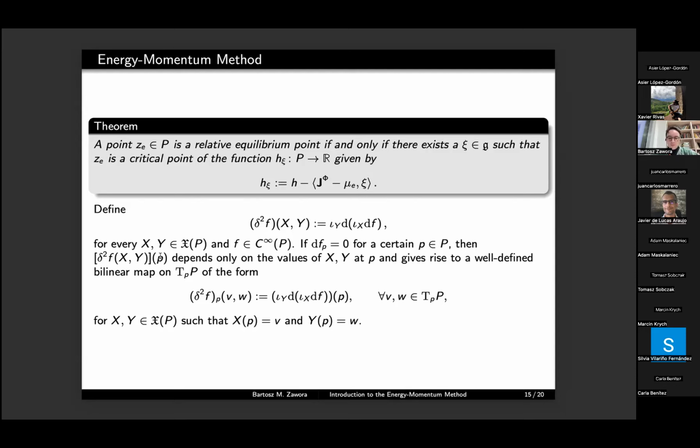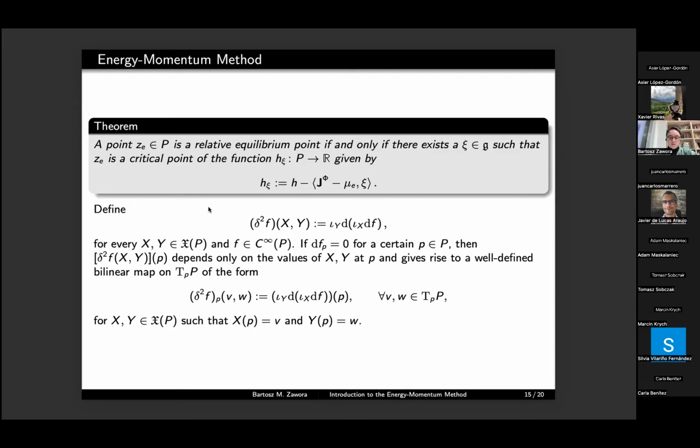So we are going towards the result. What is enough to conclude that we are dealing with formal stability is studying the second variation of this extended Hamiltonian function.